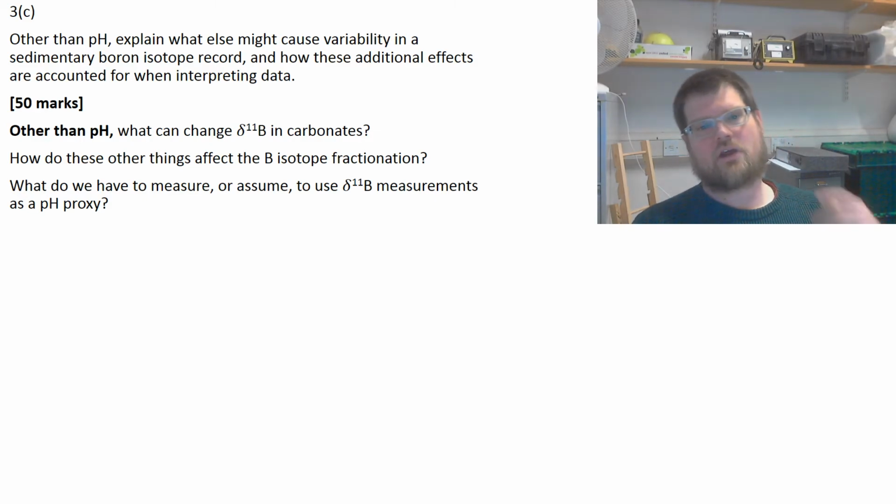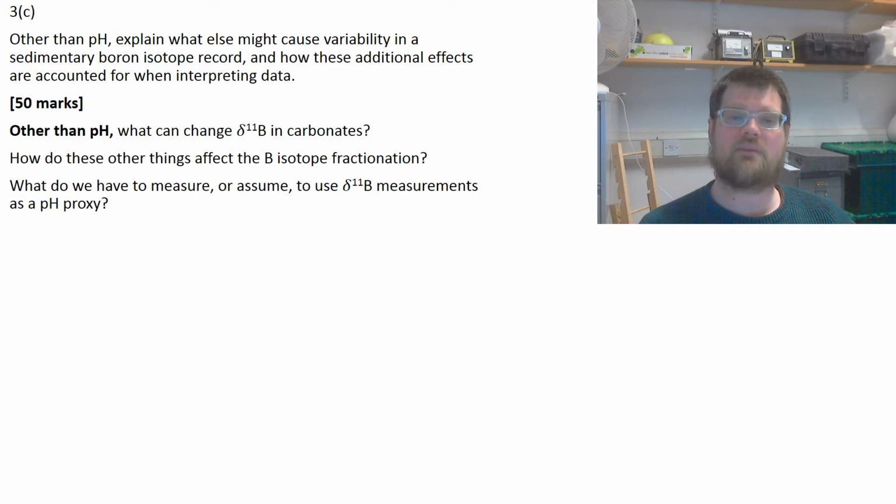Okay, so now moving on to the last part of this question, and quite a few people went a little bit wrong with this question, because the question starts out with these three words, other than pH.